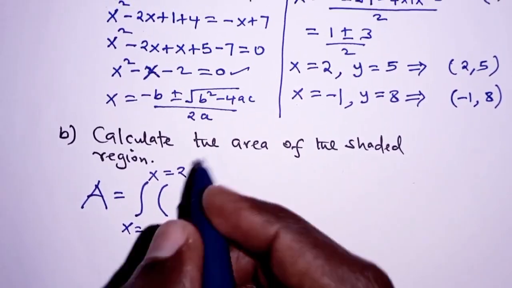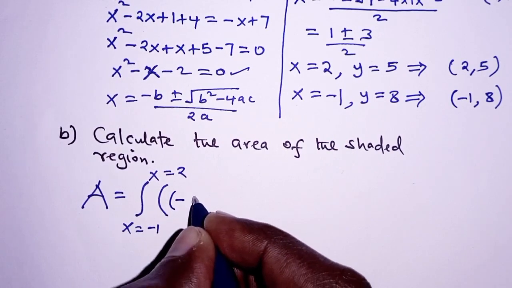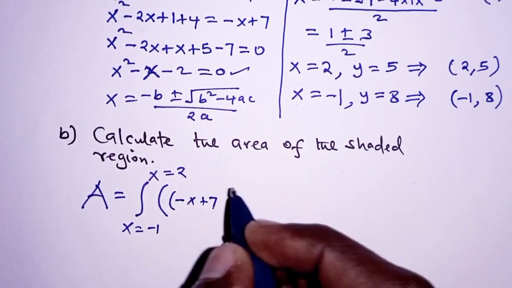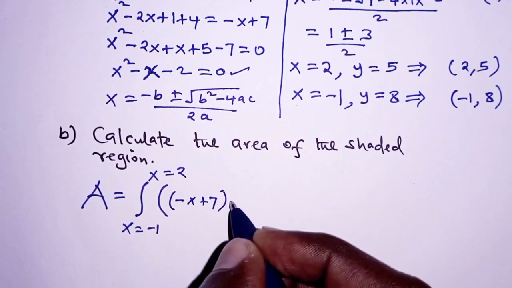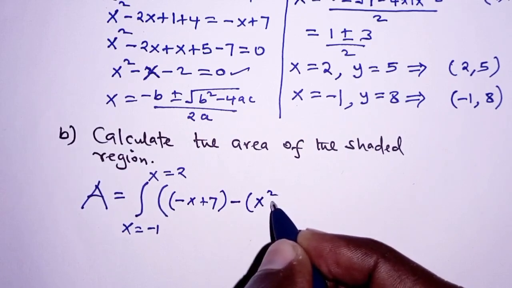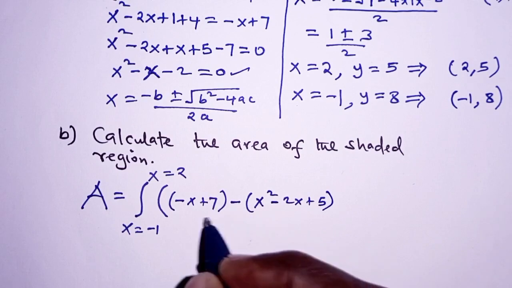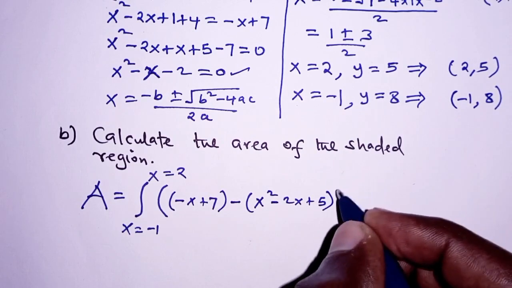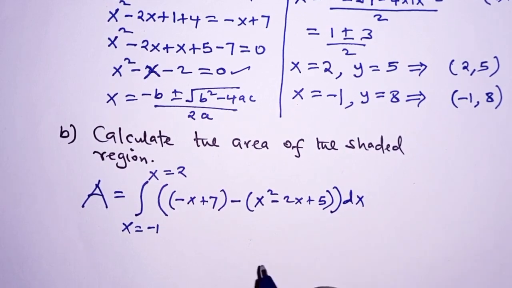So that's what we have in this bracket. That is negative x plus 7. So we're just considering the right hand side of the equations. And then this will have to subtract x squared minus 2x plus 5. And that is the equation for the curve. And then we do this with respect to x.